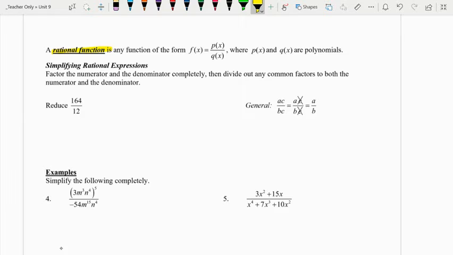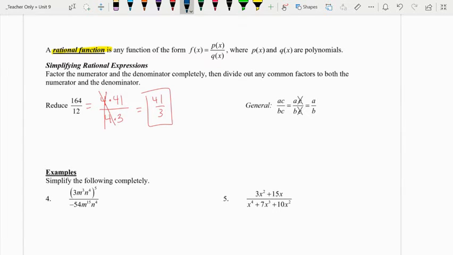The reason why you can reduce by 4 is because you can actually rewrite that as 4 times 41 over 4 times 3. And because you have a 4 and a 4 in the numerator and denominator being multiplied, you can cancel them because 4 over 4 is 1. So you'd be left with 41 over 3 as a final answer.